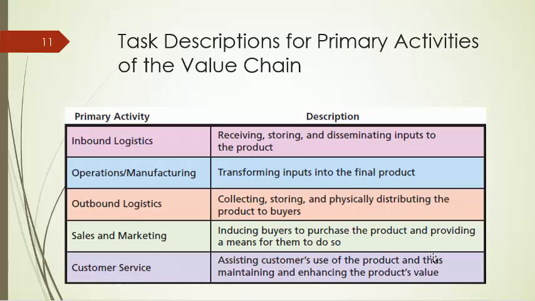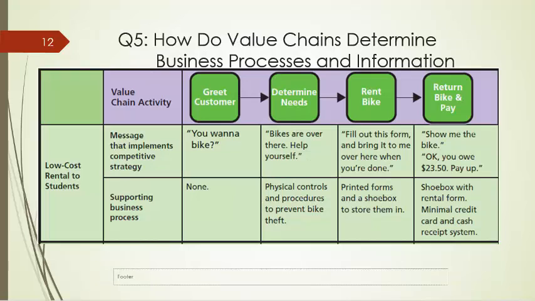So the next question we want to answer is, how does that value chain then determine business processes and information? Here we have an example of a bicycle rental company. We have a customer, we want to determine their needs, we'll rent the bike to them, and then they have to return the bike and pay.